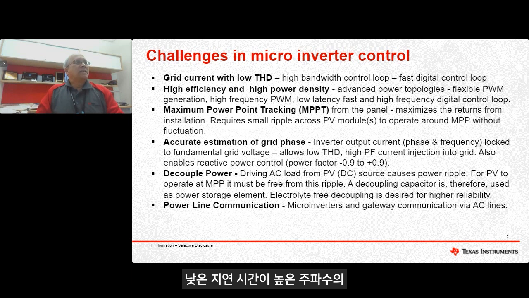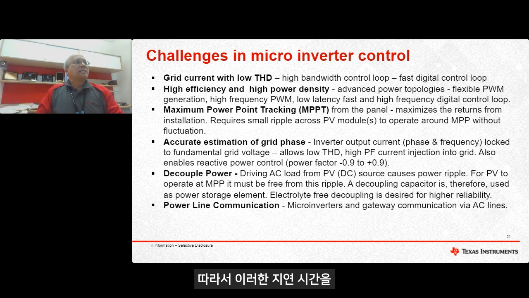Low latency, as I said, a fast, high frequency digital control loop. So you can sense the signal, quickly get into the interrupt service routine and do all the calculation, and then update the PWM properties, either duty cycle or frequency or phase shift, whichever.